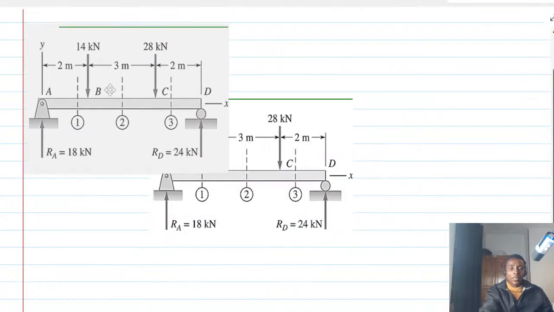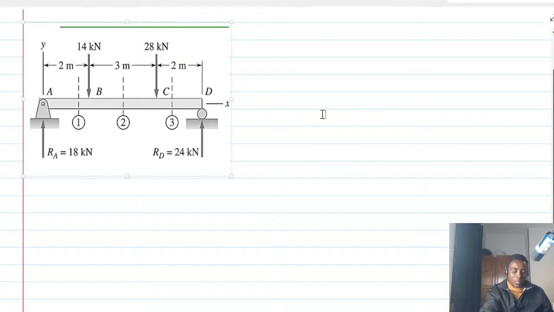So let's look at this question. I want us to look at the shear force and the bending moment diagram.